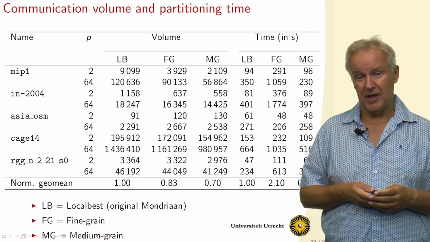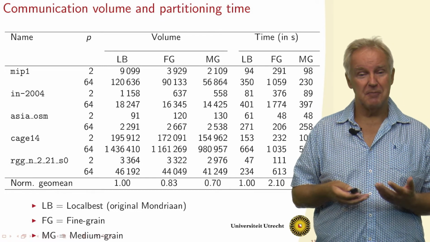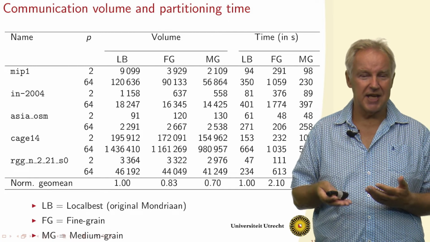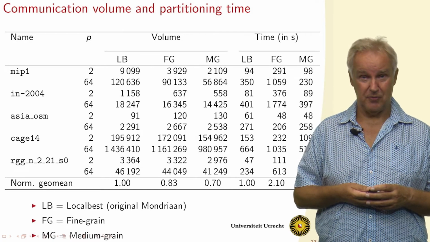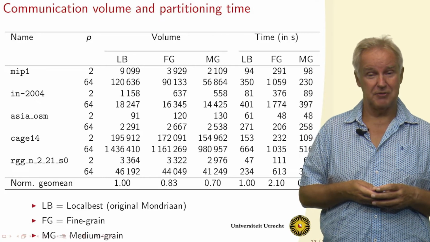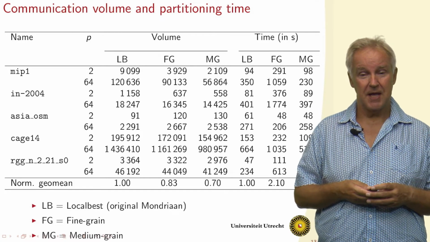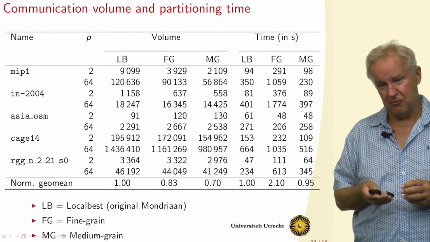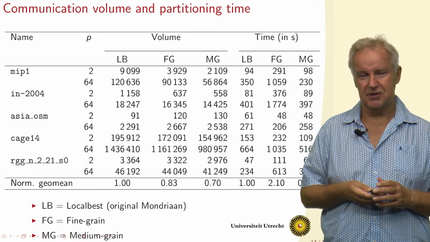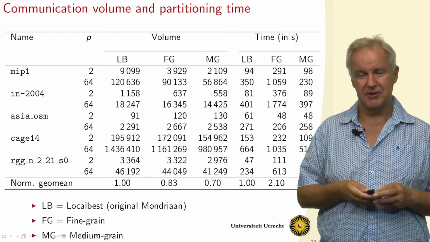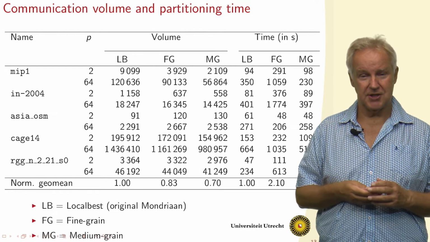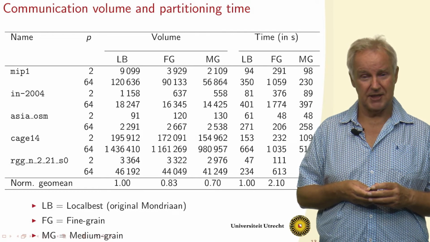And well, you win some, you lose some. It looks like in general, the medium grain method has a lower communication volume than the other methods. So with a few exceptions, like the Asia matrix, but in general, you could say that the volume of medium grain is less.